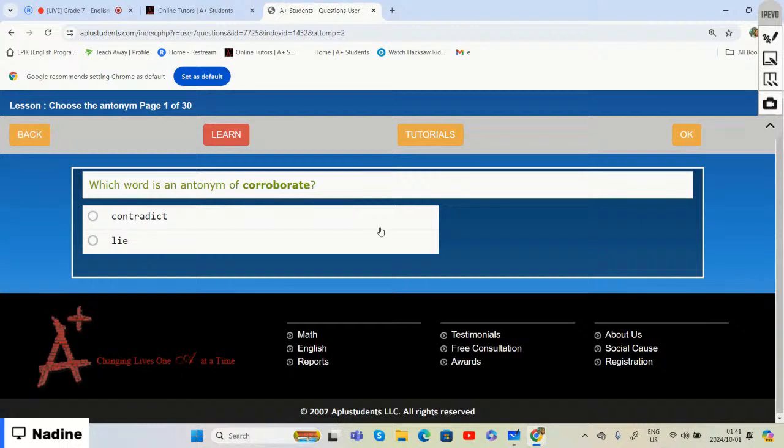So, we need to give the opposite. Is it contradict or is it lie? Contradict or lie?